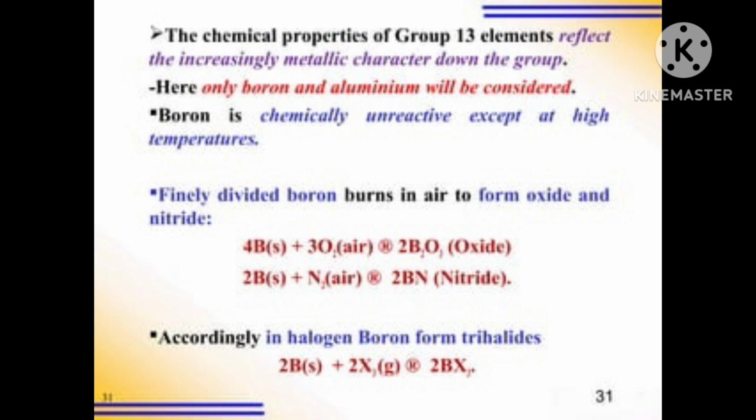It forms 2 molecules of Na+ [Al(OH)4]-, and 3H2 hydrogen gas. The main product is tetrahydroxoaluminate. This is a very, very important reaction. Again I am telling you the formula: it gives 2 molecules of Na+ [Al(OH)4]-.